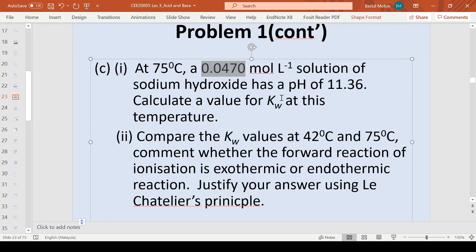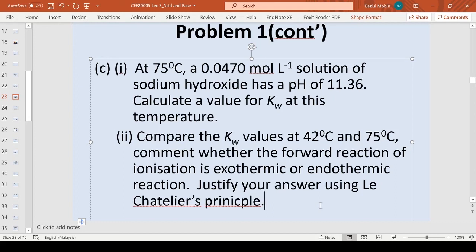Okay, once we find the Kw value at 75 degrees centigrade and at 42 degrees centigrade, we should be able to know whether this dissociation is an endothermic or exothermic reaction. If at 75 degrees, that means if we provide more heat, it will dissociate more, that means it takes heat to dissociate, and that is what an endothermic reaction is called.